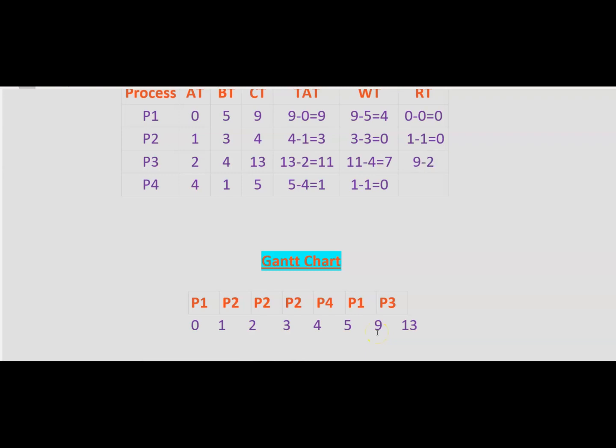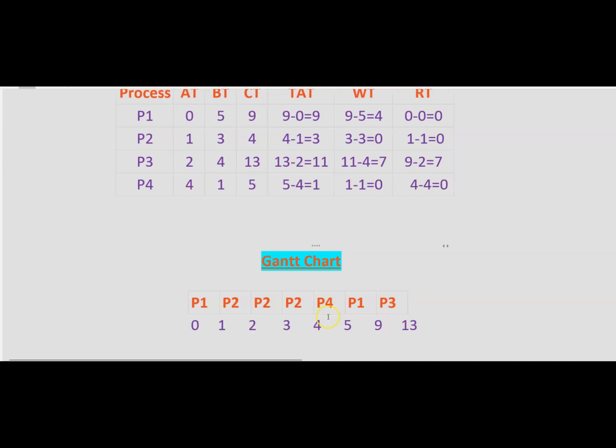That is 2. So 9 minus 2 is equal to 7. Similarly, the last value we can calculate. For P4, P4 got the CPU at 4, minus the arrival time, that is 4. 4 minus 4 is equal to 0.